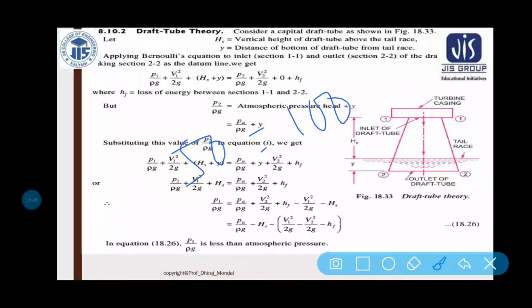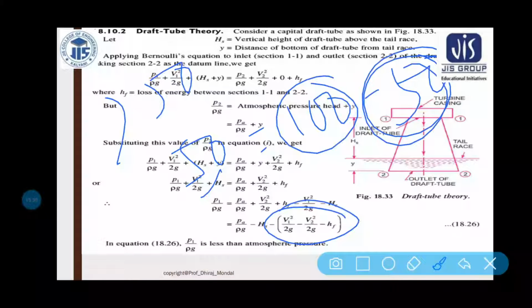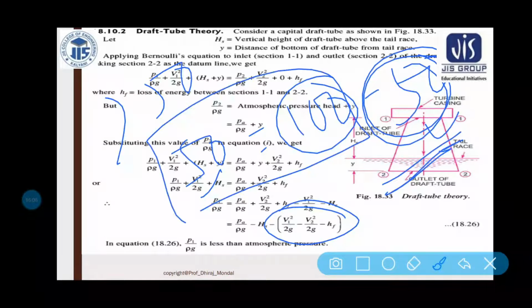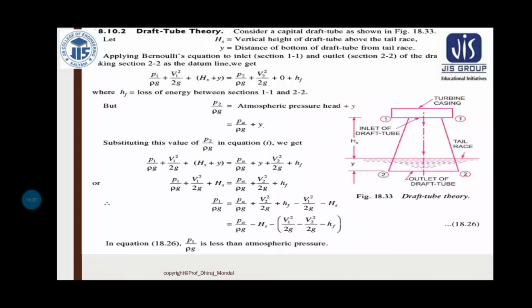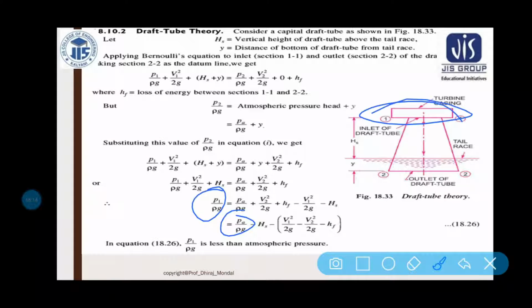The atmospheric head should be greater than 50 so that after deducting whatever positive value, only then will it be equal. So from this equation it can be easily said that the pressure head P1 by rho g is less than the atmospheric pressure. That is why we have to install this theory.